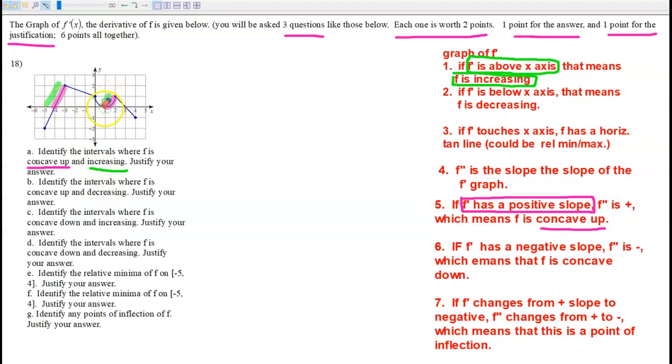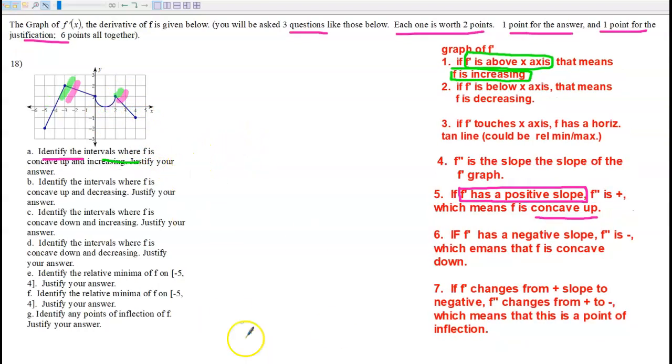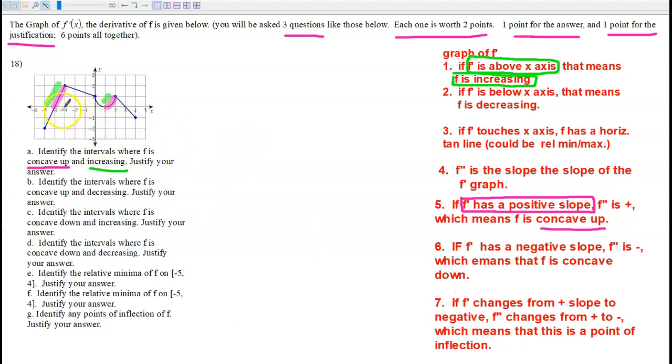So right here are the regions where it's green, because f prime is above the x-axis, and it's purple because it's sloping upwards. F prime is sloping upwards, which means that f is concave up. So our intervals will be from -4 to -3, and then from 1 to 2.